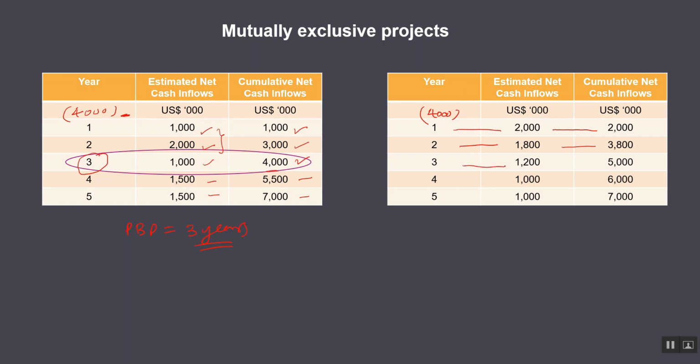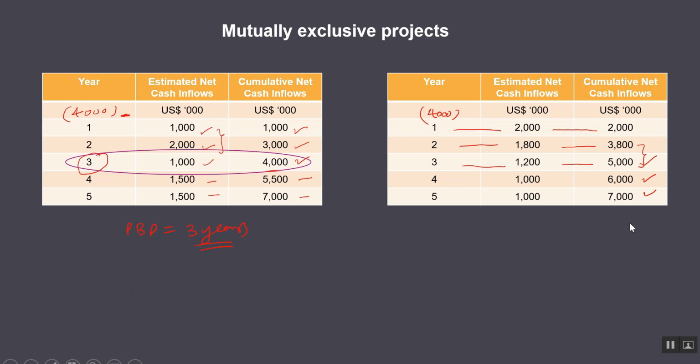Third year, 1.2 million, so that will make the cumulative cash flows 5 million. Fourth and fifth year, 1 million each, that will make the cumulative cash flow 6 million and 7 million respectively. Now, this 4 million is going to be recovered in between the second and the third year.